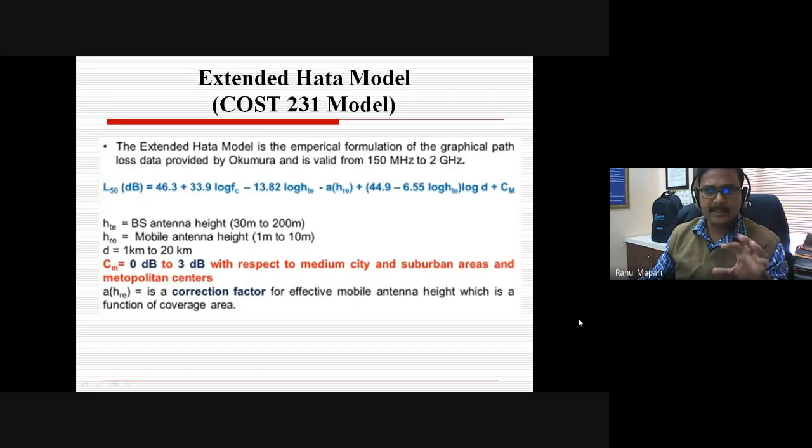Then the extended Hata model is also called the COST 231 model. Keep in mind, the extended Hata model is also called the COST 231 model.